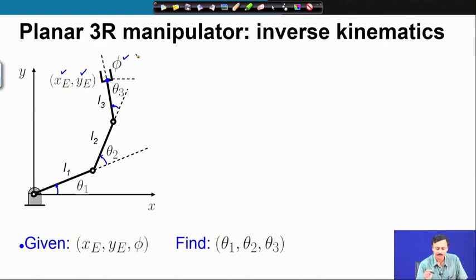So, these are the three quantities which are specified, and what we have to find out are these joint angles theta 1, theta 2 and theta 3.